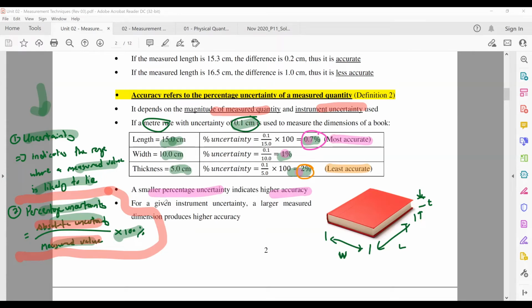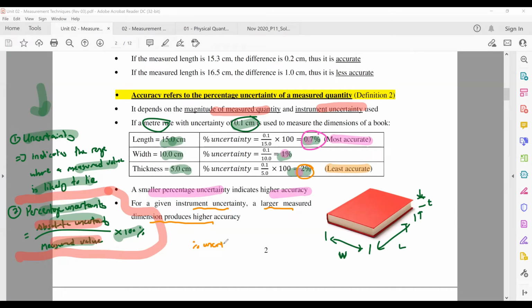Then the other thing here that you need to know, this one will be more on your paper 3 later. If you have a given instrument uncertainty, a larger measured dimension will produce higher accuracy. What I mean by that is this.